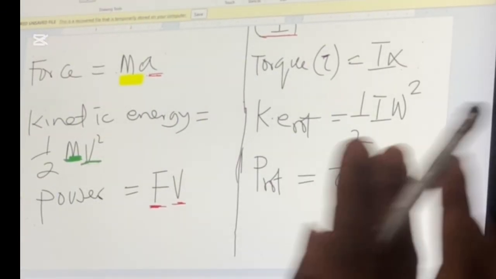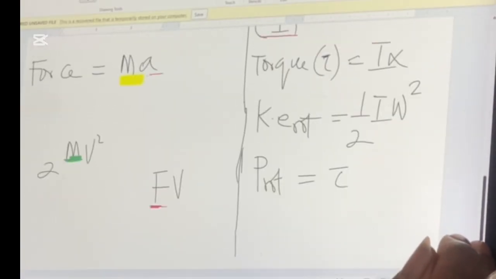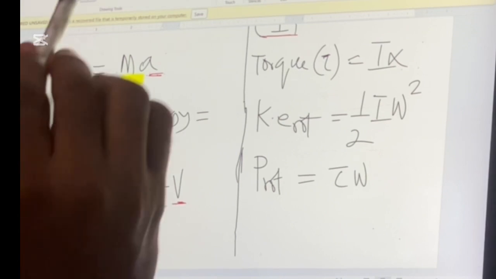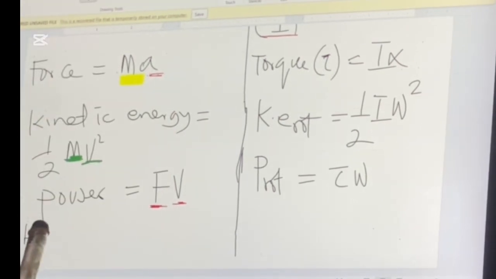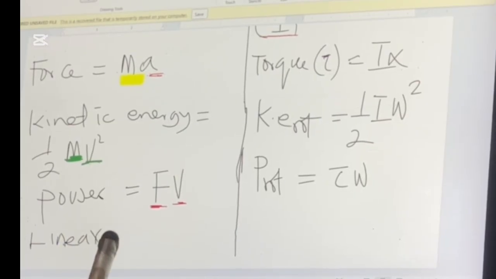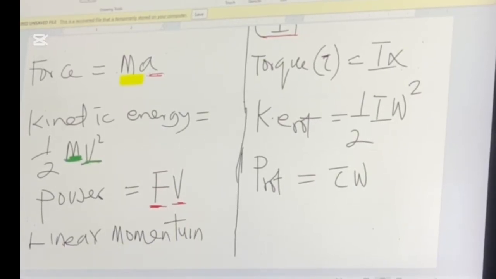Finally, we have linear momentum, and linear momentum, class, is equal to mass times velocity.